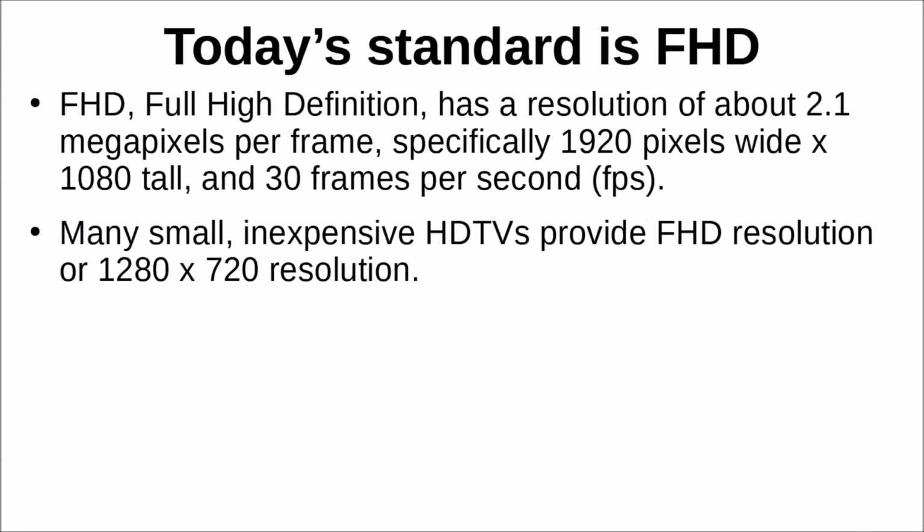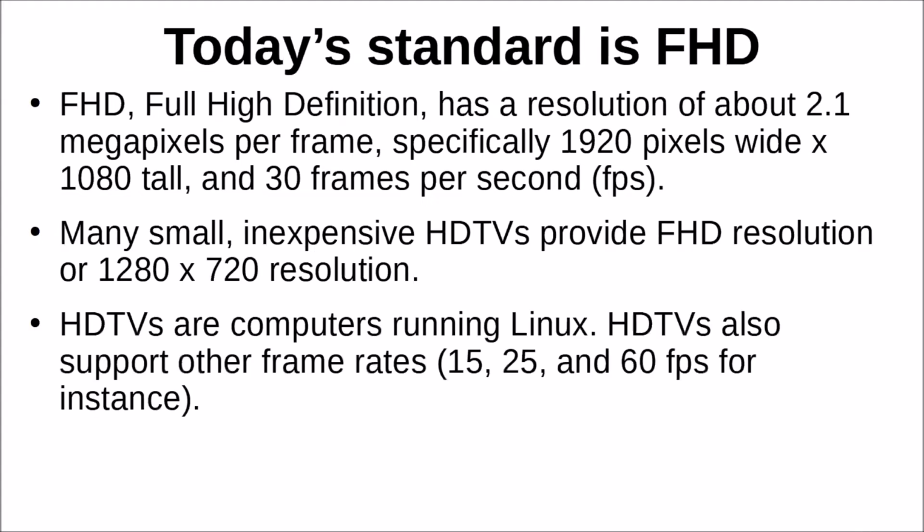Many small inexpensive HDTVs either provide full HD or, if they're really inexpensive, they're down to the 720 resolution, which is 1280 by 720. And one thing you may not know, almost all HDTVs sold in the US are computers and they run Linux.